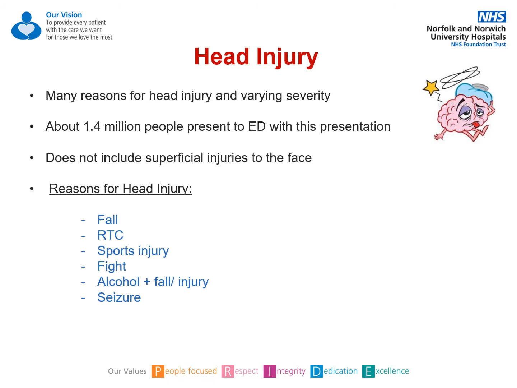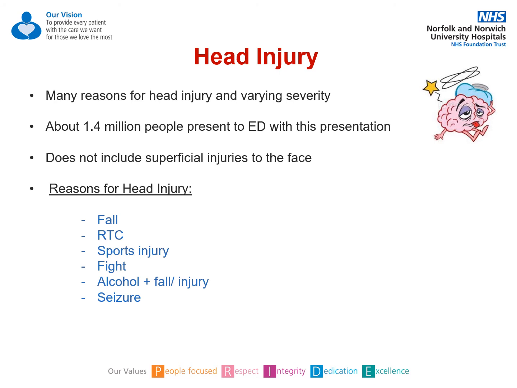Head injuries are based around trauma, so this doesn't include superficial facial injuries like lacerations. There are lots of reasons for head injury, and these are the most common ones.